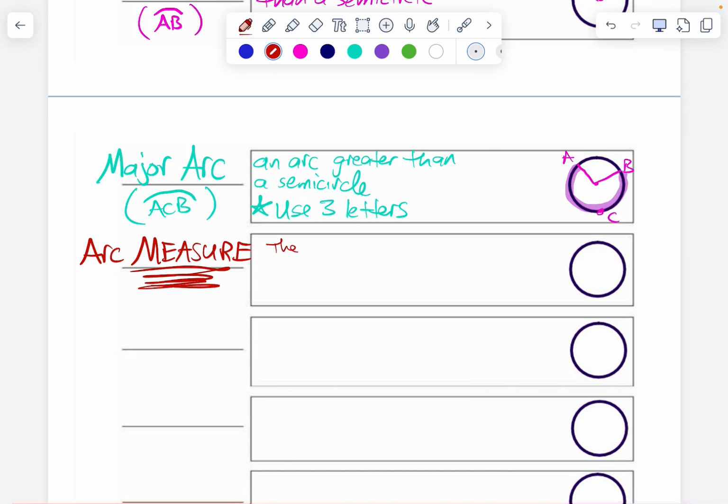Do you guys remember notating measures of angles as we've gone through? Like, what is the measure of angle A? Remember that? We only used that little m for angles, didn't we? Yeah. Okay, so same thing here. We're going to see that little m, and it's going to be an angle. So the measure of an arc is the same as its central angle.